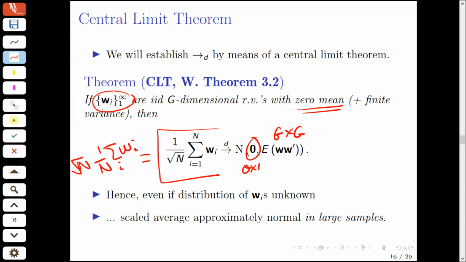That is, we recover a known distribution in the limit. Well, known up to this variance matrix. So whenever we're dealing with large samples, we could treat scaled averages of zero mean and IID variables as being approximately normal.